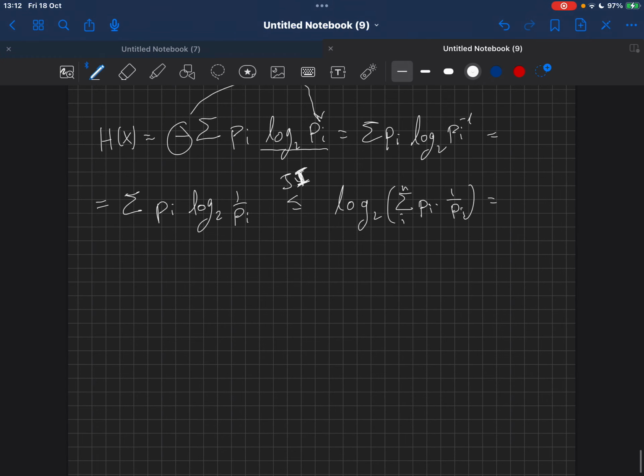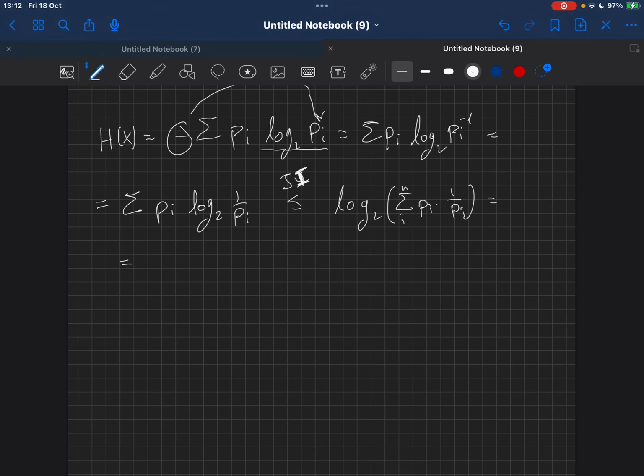So what is written here, we can do like this, right? This is log base 2 of the sum of 1, i to n.